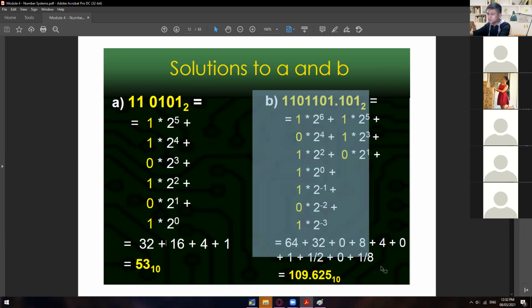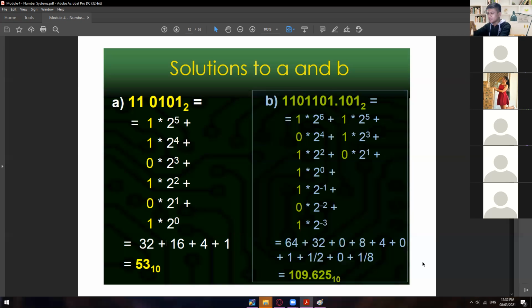Alright, so let's just focus with our discussion since we are very limited with our time. So were you guys able to get how did we get 109.625?